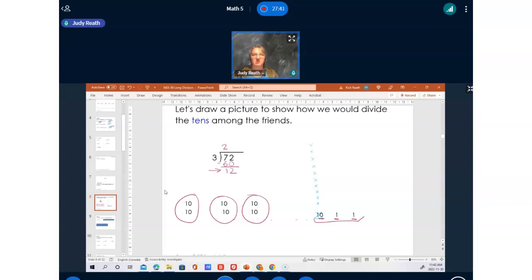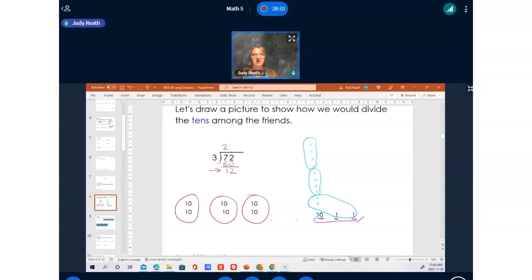Let's try putting them into groups of 4. So there's one group of 4. There's another group of 4. And with 2 here, and we still have these 2 1s down here, we've got all of these. There's another group of 4. So we have 3 groups of 4.